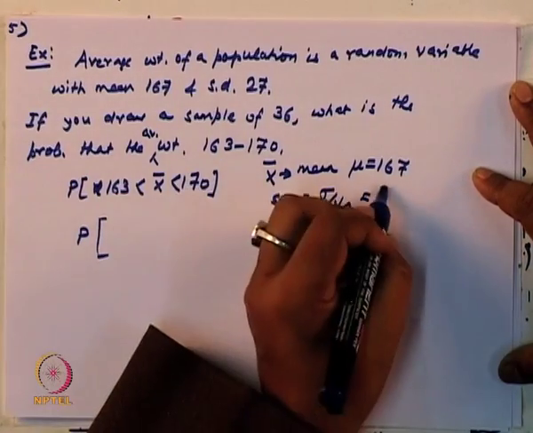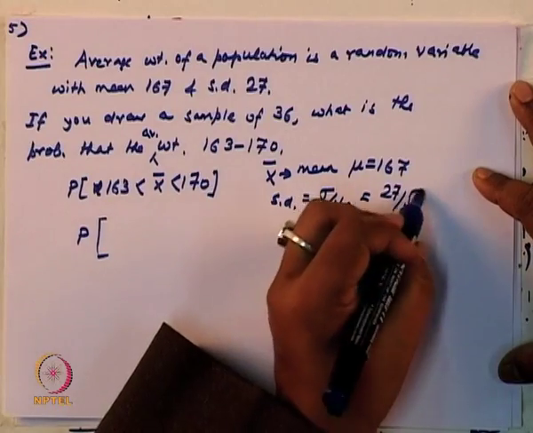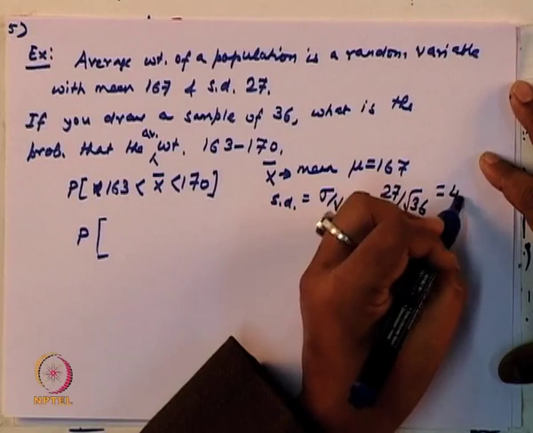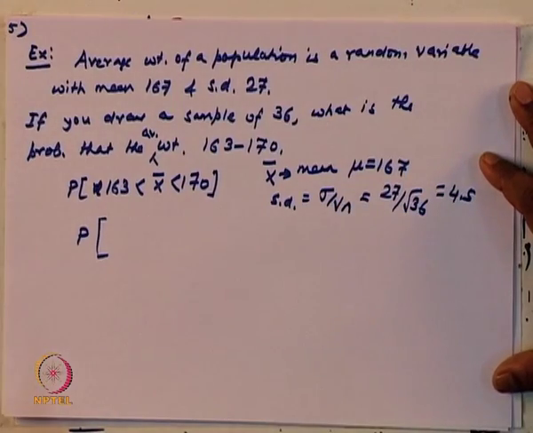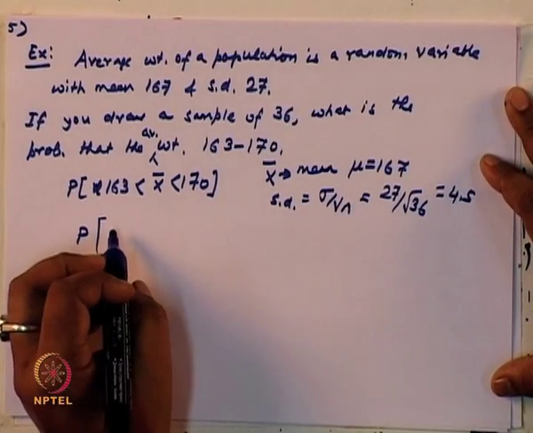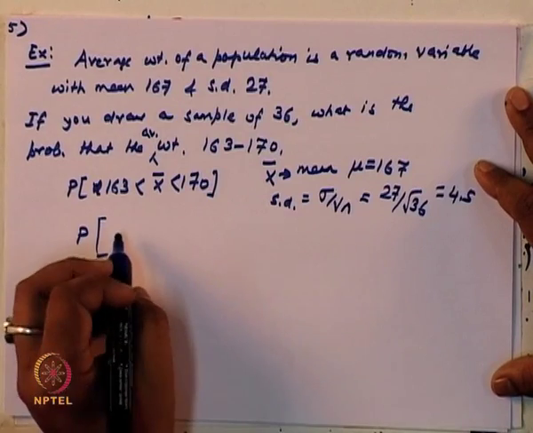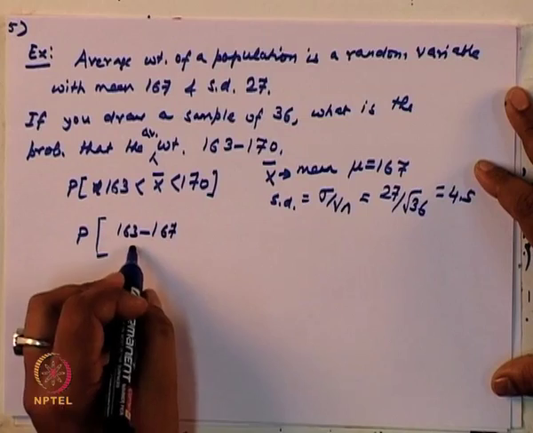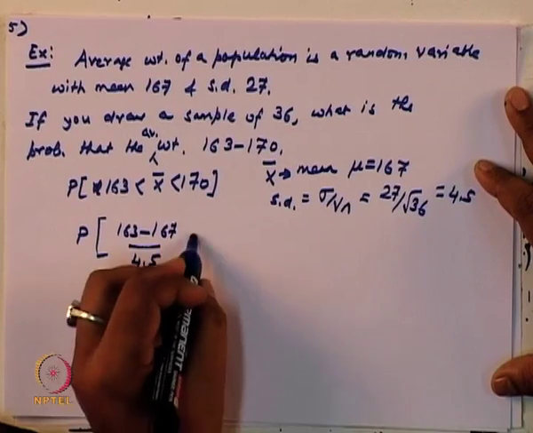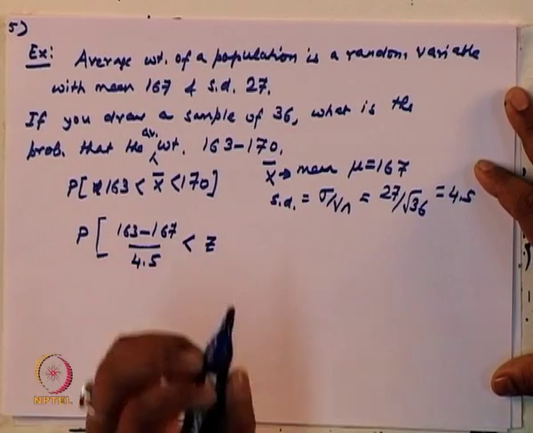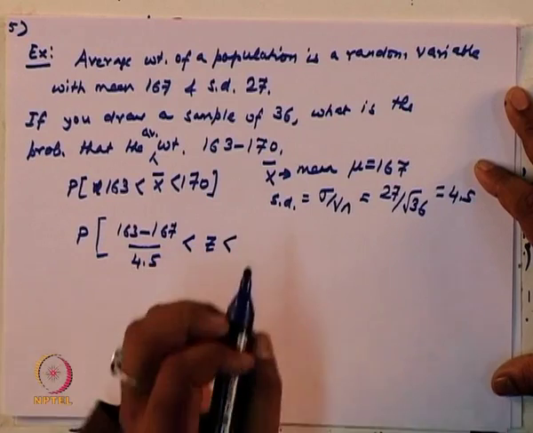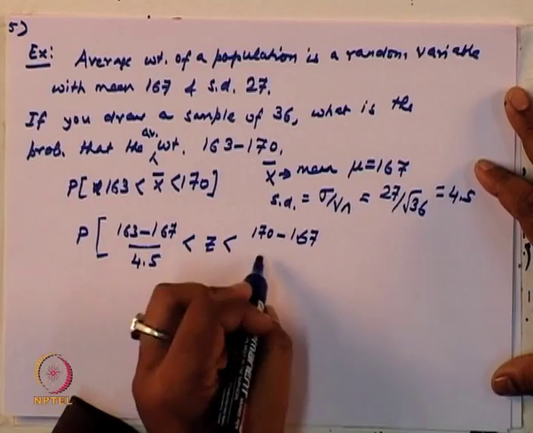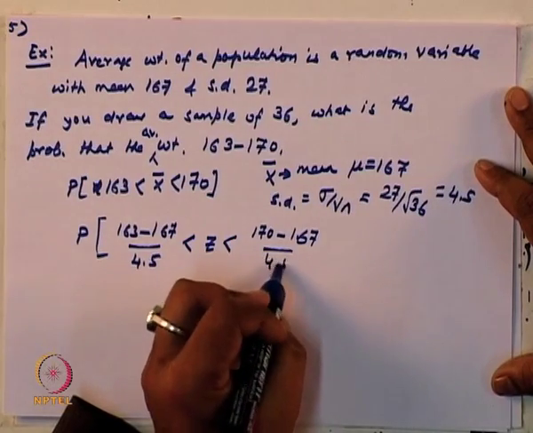So, sigma is 27 by root of 36, which comes to 4.5. I can then convert this into a standard normal variable. So, this is nothing but 163 minus mu, which is 167, by 4.5, less than z, your standard normal variable, less than 170 minus 167 by 4.5.